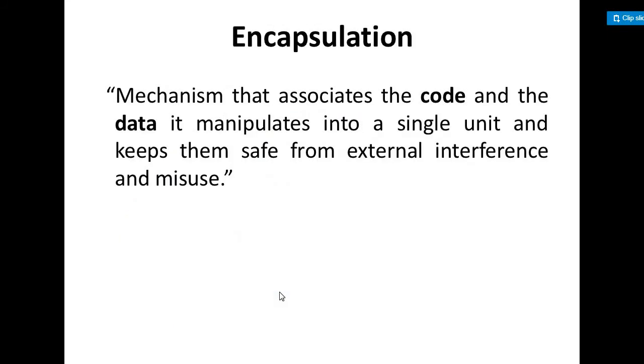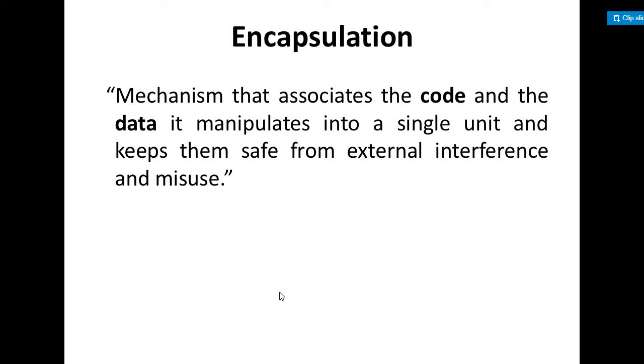Now come to encapsulation. It is the mechanism which associates the code and the data it manipulates into a single unit and keeps them safe from external interference and misuse. So encapsulation means a combination of data as well as functions.